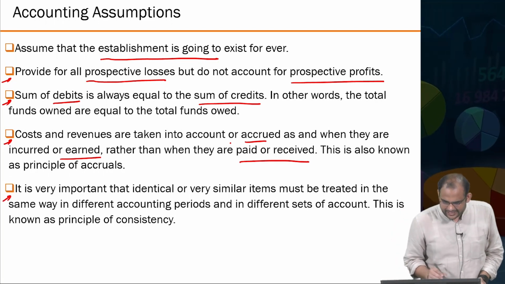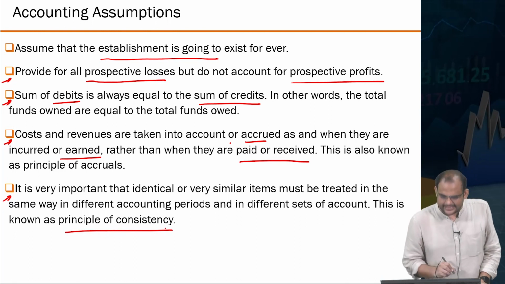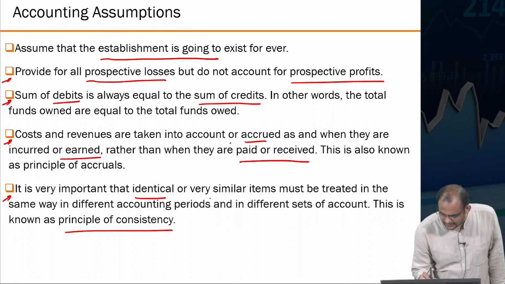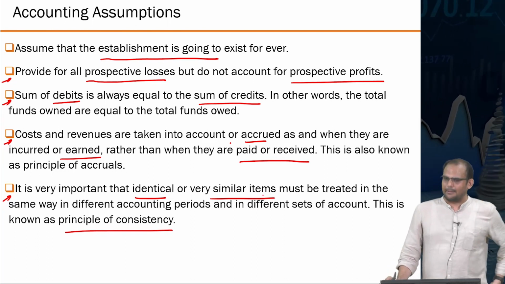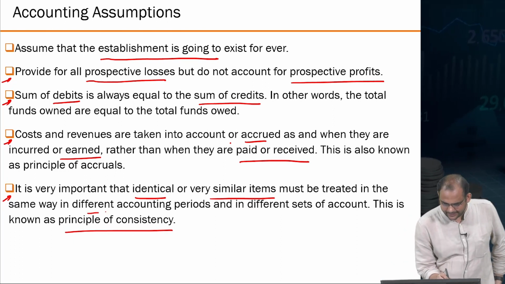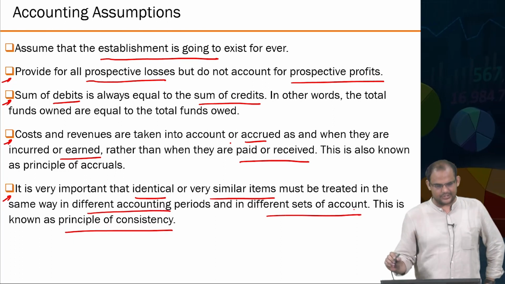And finally, this is called the principle of consistency, in a way that it is important that identical or very similar items must be treated in the same way in different accounting periods and in different sets of accounts.